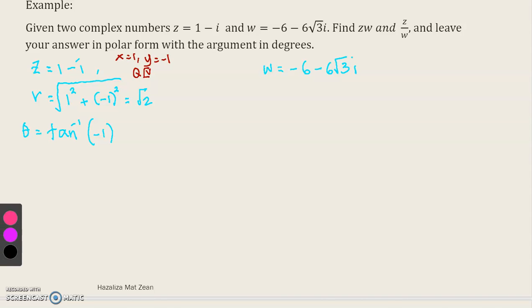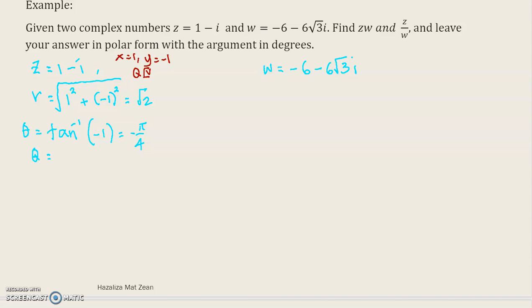When we check the theta, the calculator is going to give us negative pi over 4. But theta for complex numbers, we have to change it so that it is within 0 and 2 pi.